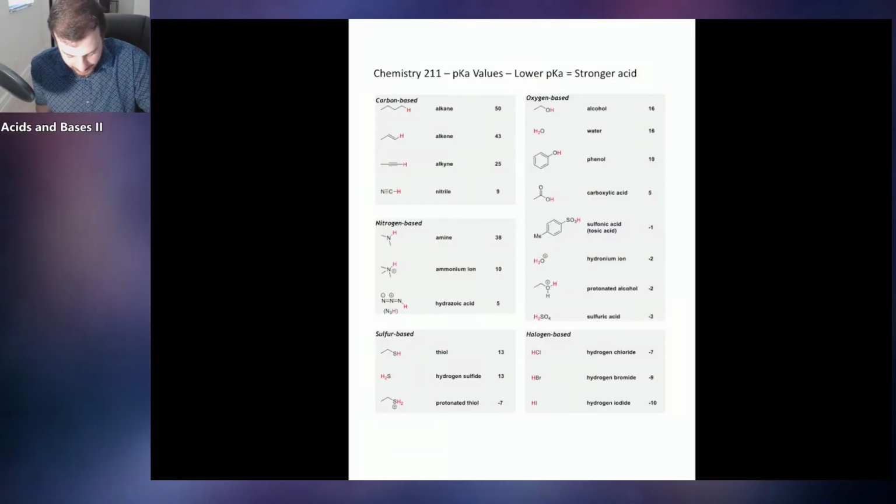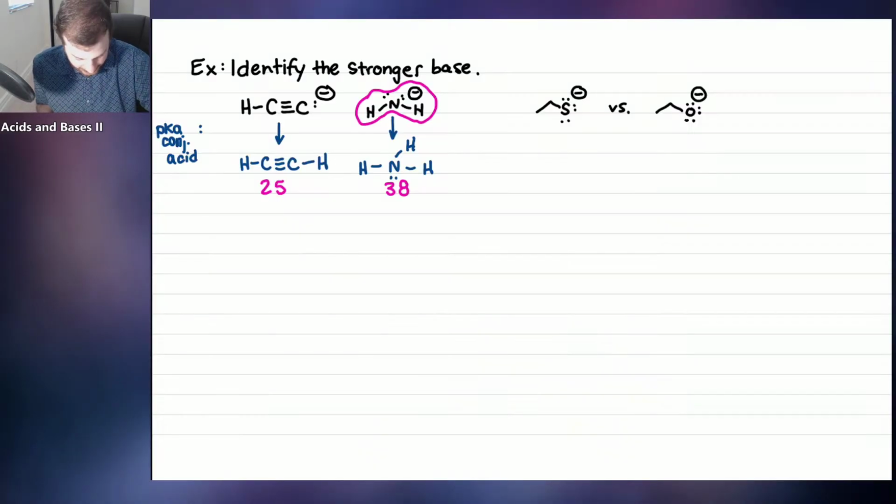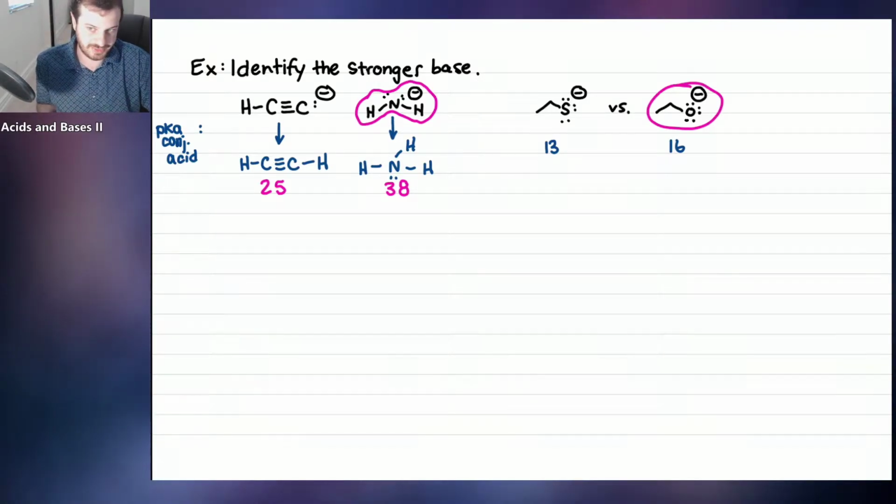If we add an H to our oxygen, we'll get an alcohol, and if we add an H to our sulfur, we'll get a thiol. The thiol is 13, the alcohol is 16. So who's got the higher pKa? The alcohol does. So that means this is our stronger base.